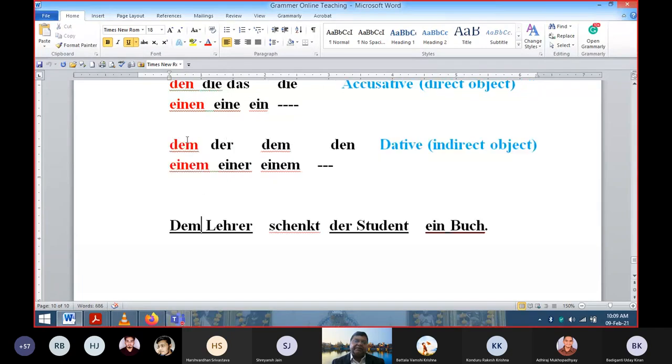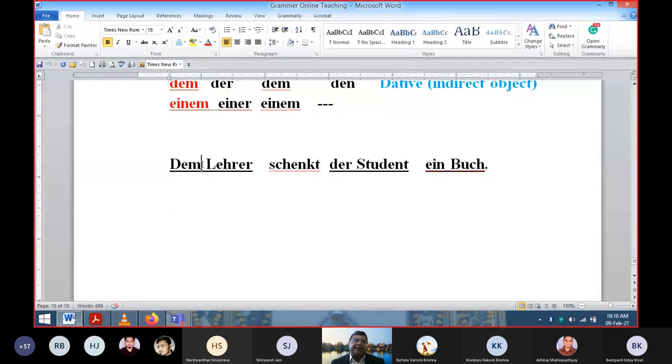Now one thing you should remember: in the dative, in the case of dem etc., we are not using the preposition "to" separately. In fact, "to" is embedded in the article itself. So the meaning of dem is "to the", and einem means "to a" or "to an". So der Student schenkt dem Lehrer ein Buch.